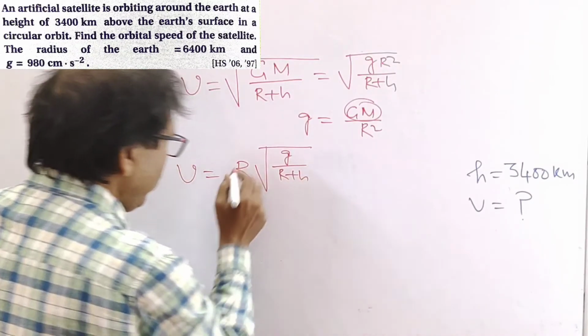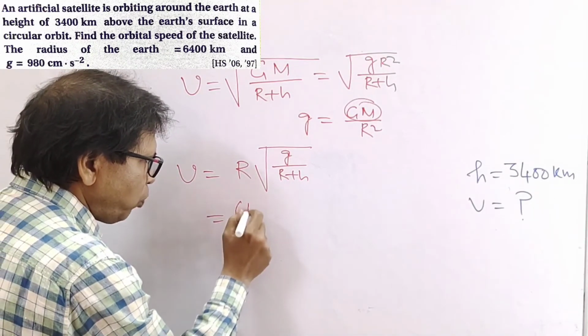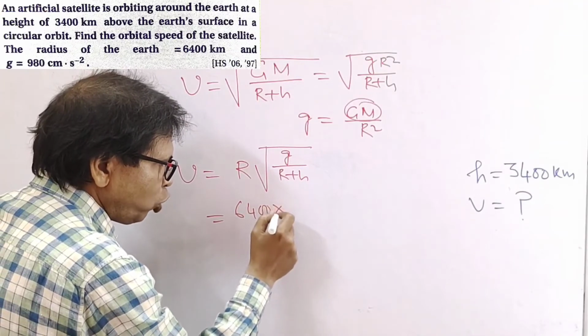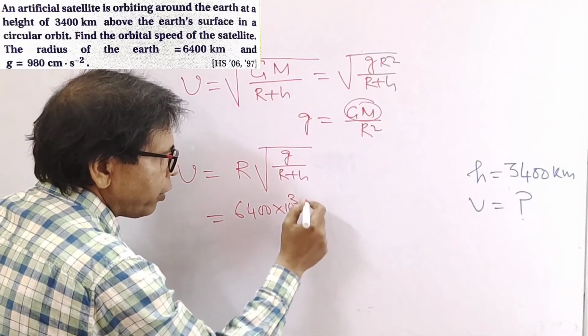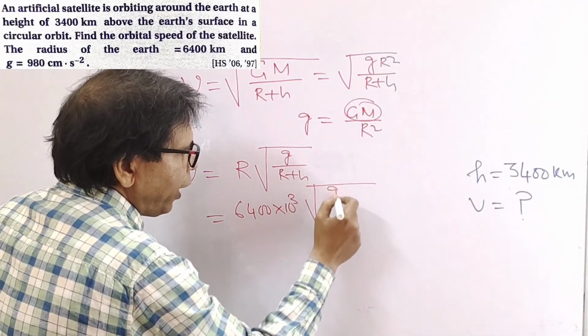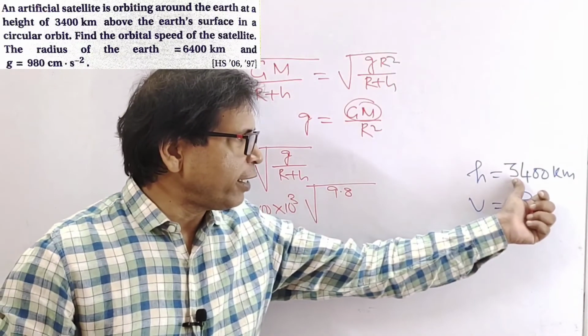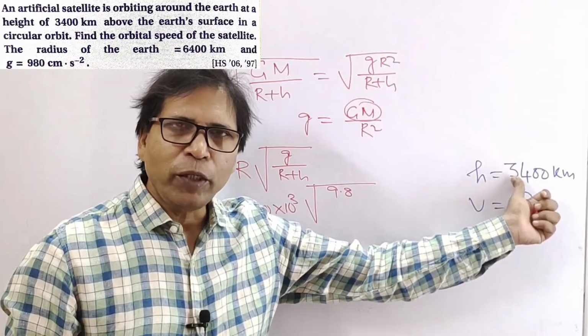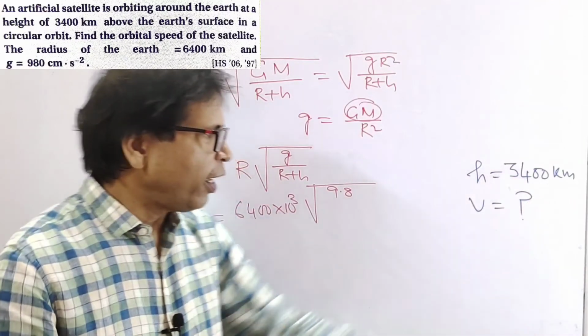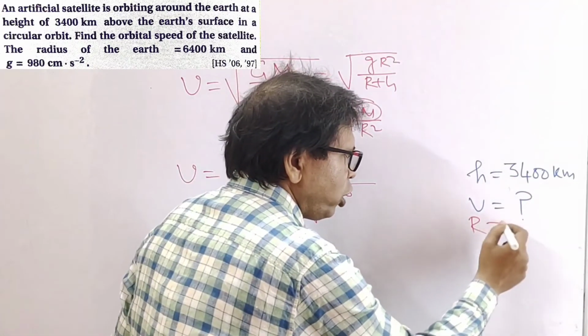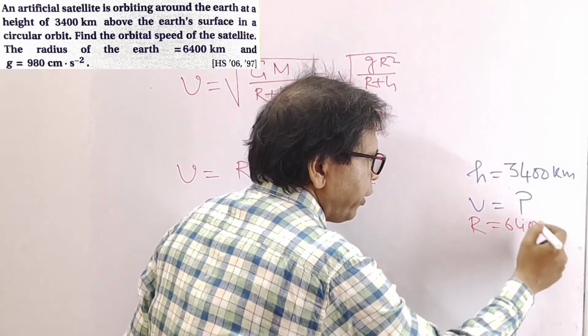Now R is 6400 kilometer, which should be converted into meter. g is 9.8. h is 3400 kilometer and R is 6400 kilometer.